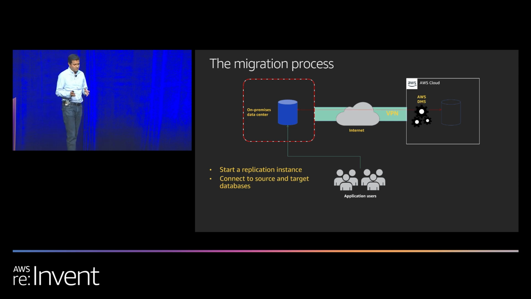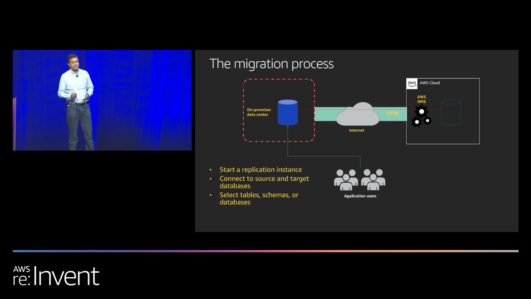After this, you establish connection with the source and target databases. You provide all the security credentials that are required to connect to your on-premise data center, as well as, at the target side, whatever database you have selected, you provide the authentication and connection information.